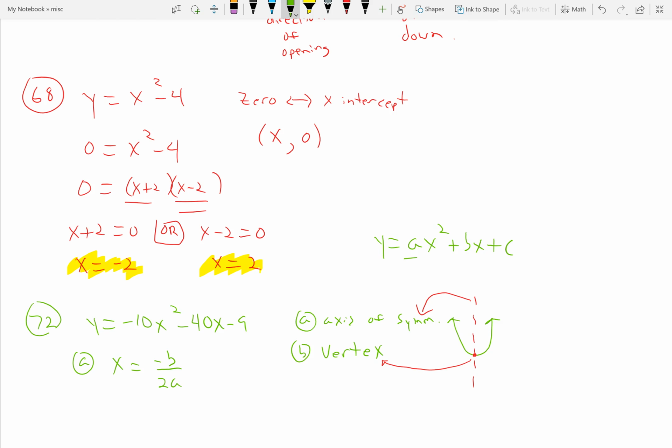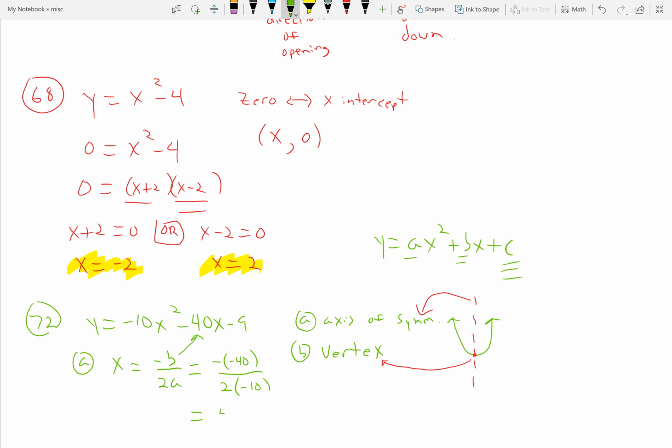a is the coefficient of the x squared term, b is the coefficient of the x term, and c is the constant. So in our case, a is negative 10, b is negative 40. So we got negative negative 40, over 2 times a, in our case, a being negative 10. Negative negative is a positive.